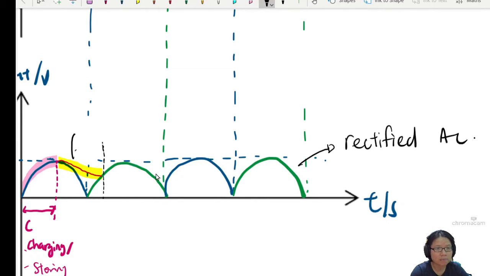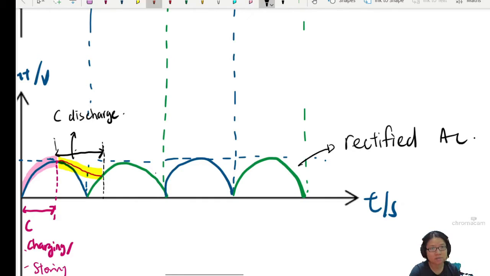This is when the capacitor discharges. When the capacitor discharges, it will return the energy. So from here to here, the capacitor discharges and returns the energy to the resistor. So this part won't drop as fast.